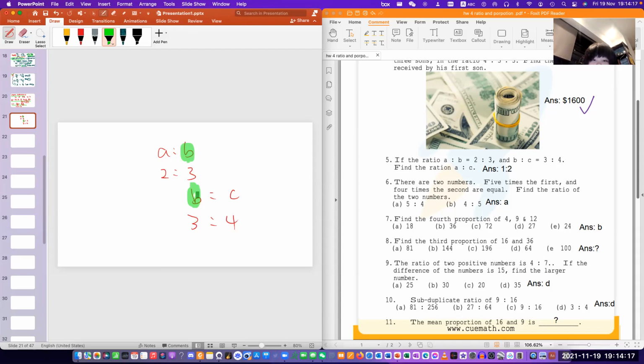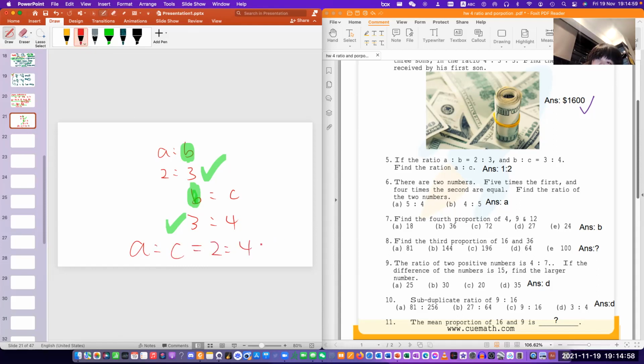So there is no need for change or transformation because both are 3. So there is no need to change the B to a common multiple. In fact, you are going to use LCM in this case later on. You will see it. Okay. So HCF just now, LCM from now onwards. But over here, both are 3 already. You're not going to change it. So you just pick A is 2, C is 4. So A to C is 2 to 4.